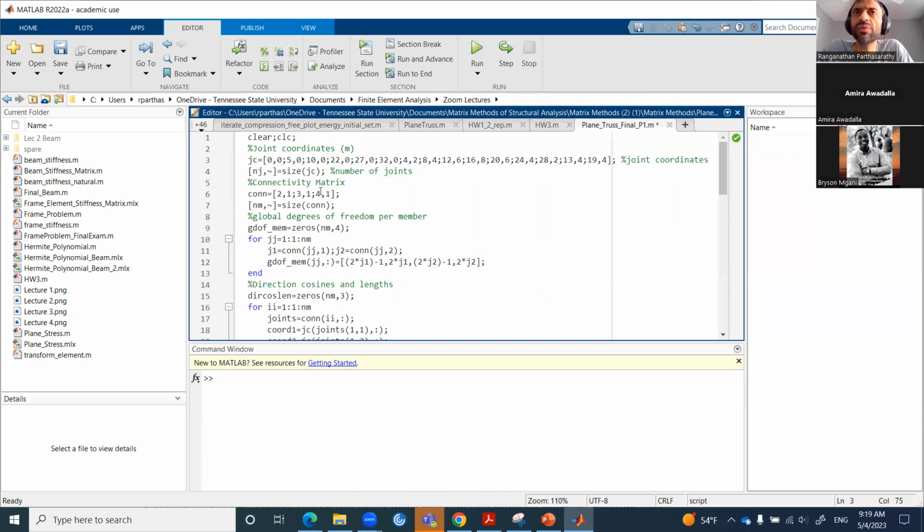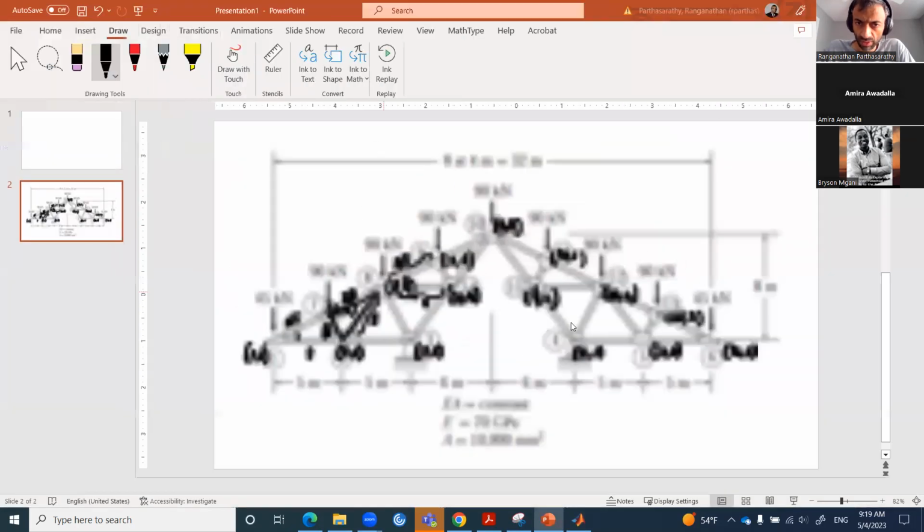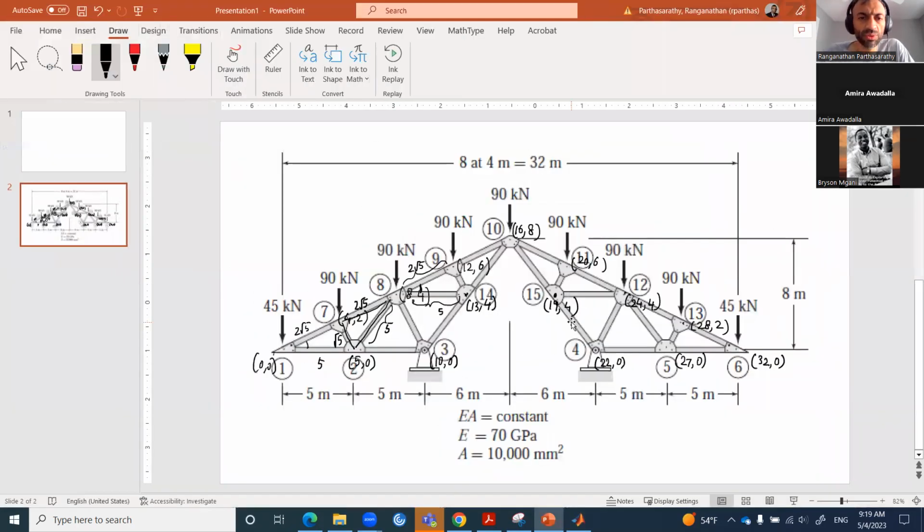Then your connectivity, that's very important now. So we will give names to the truss elements.